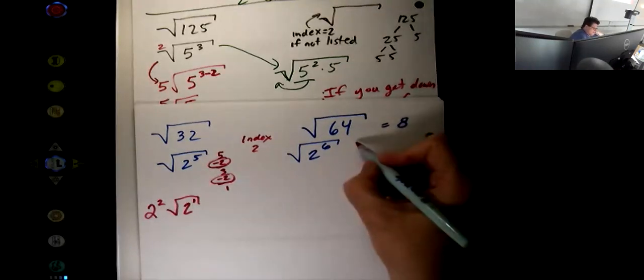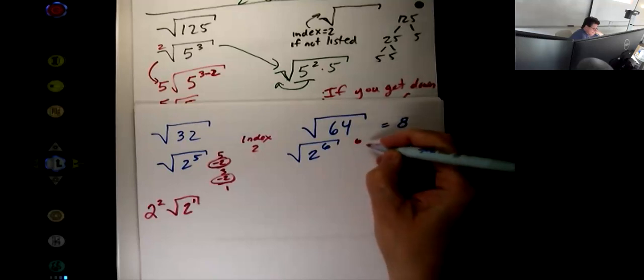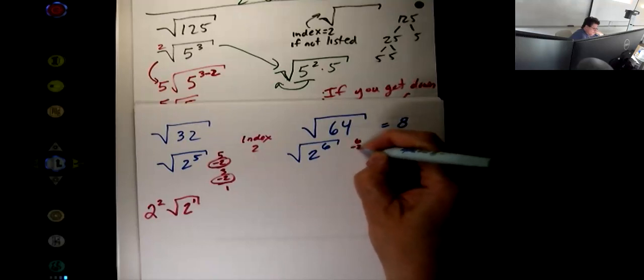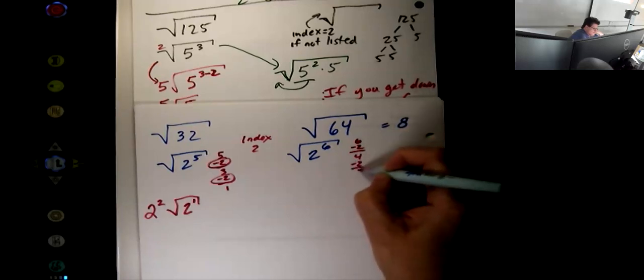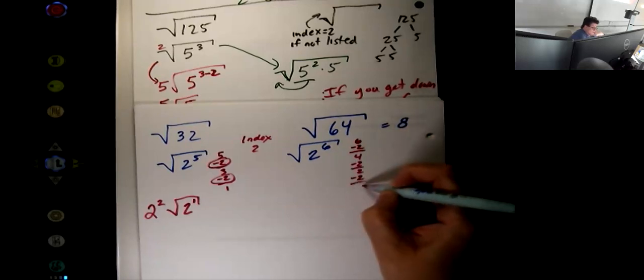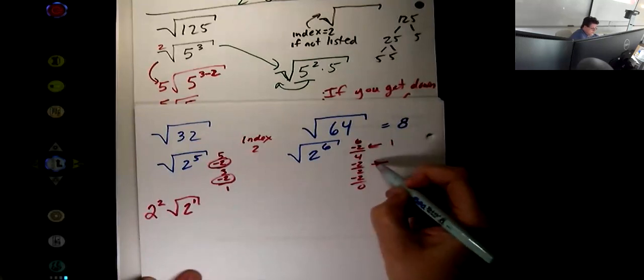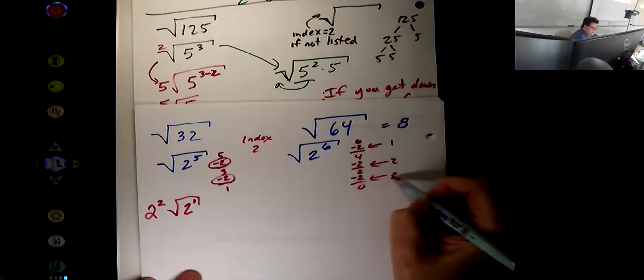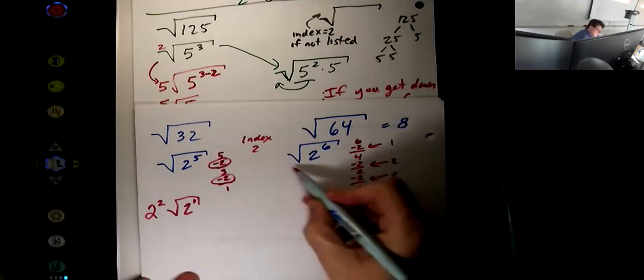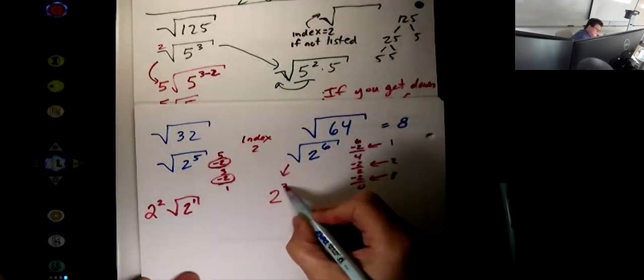If I do that same thing over here, subtracting groups of 2: 6 minus 2 is 4, 4 minus 2 is 2, 2 minus 2 is 0. I took out 1 2, 2 2s, 3 2s. So this becomes 3 2s, which is 2 cubed.